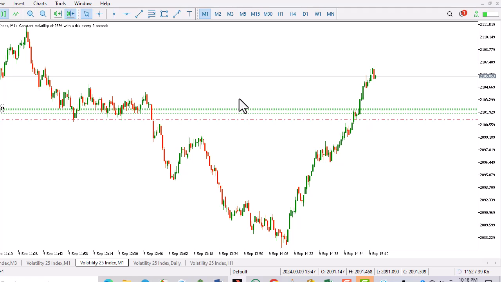Three of them: your fair value gap, your swing high or swing low, which can equally be your equal high or equal low.